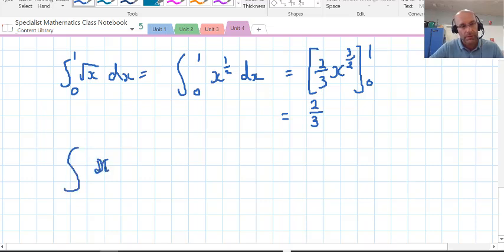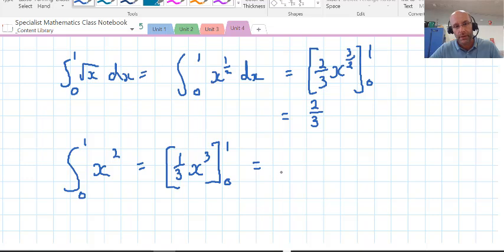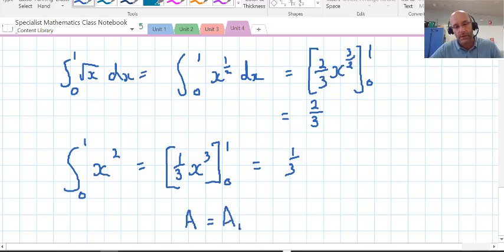Do the same with x squared. It's pretty easy by now. Well, it would help if I drew it a little bit more neatly. That's an x squared, I apologize. We evaluate that: we sub in 1, we get 1/3. Sub in 0, we get 0. So we would say the area, you could call that A1 take A2, which is 2/3 take 1/3.